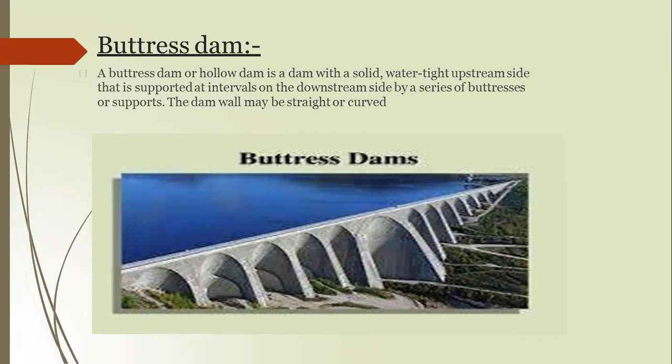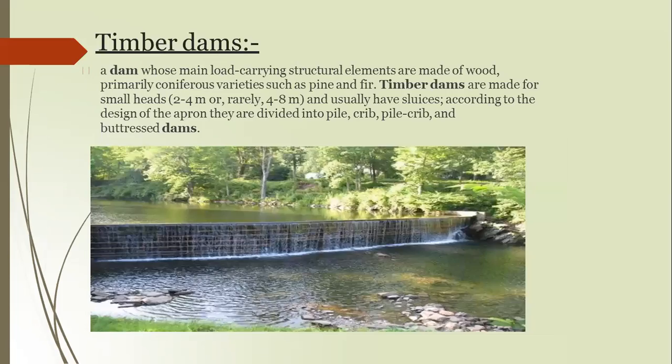The support is extended over the downstream side, so that again a trapezoidal shape can be formed to resist the moment created by the force of water. This dam wall may be straight or it may be curved. So this is a special type of dam which is known as the buttress dam.